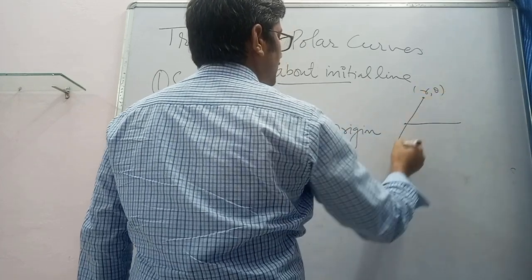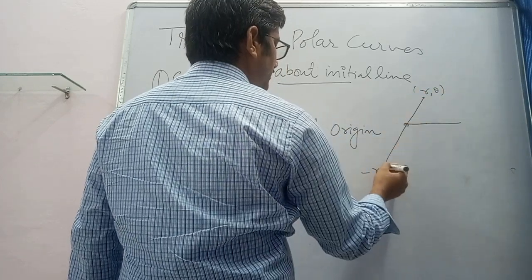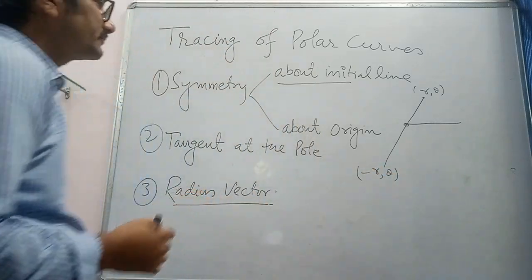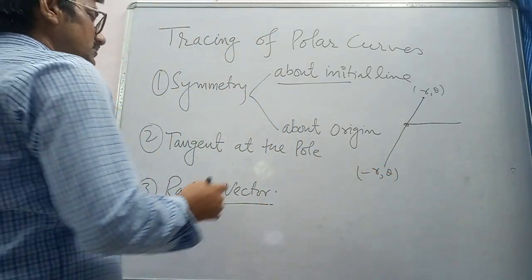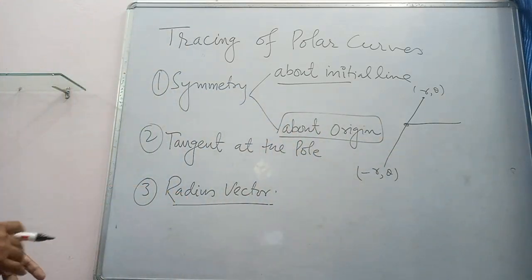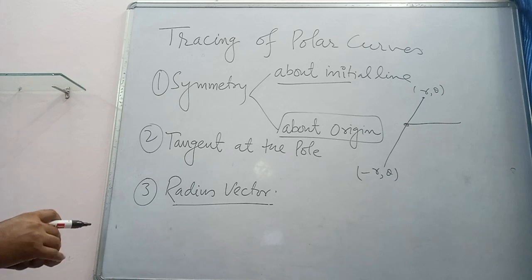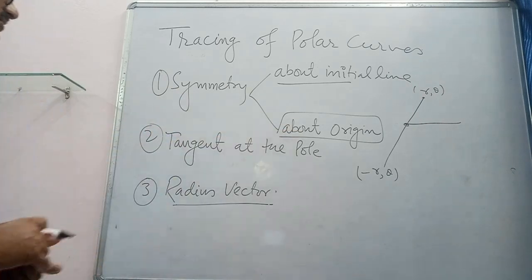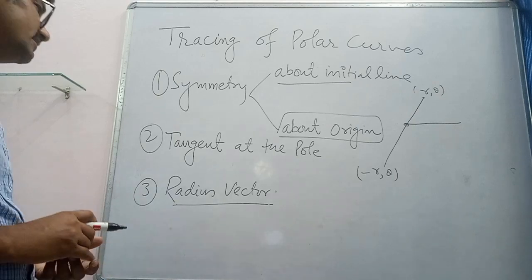In the opposite quadrant the point will be (minus r, theta). So put minus r for r, and if the equation of the curve does not change, then it has a symmetry about the origin or symmetry in opposite quadrant.